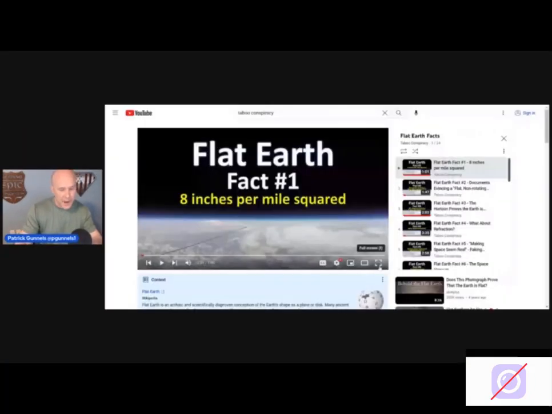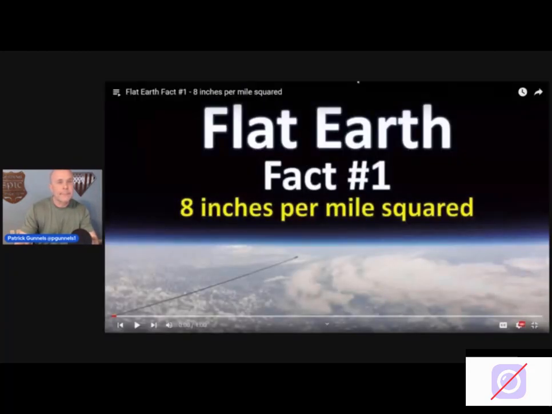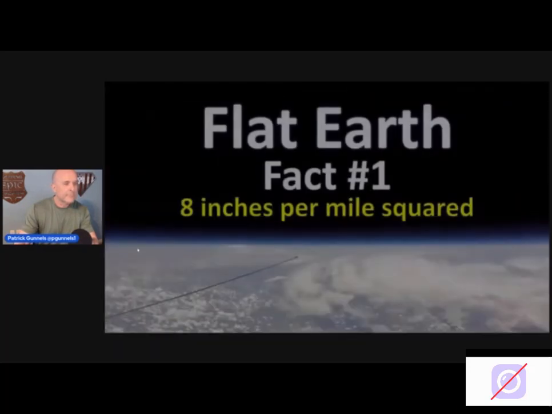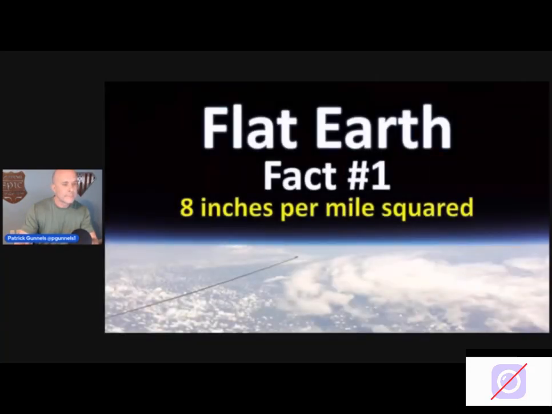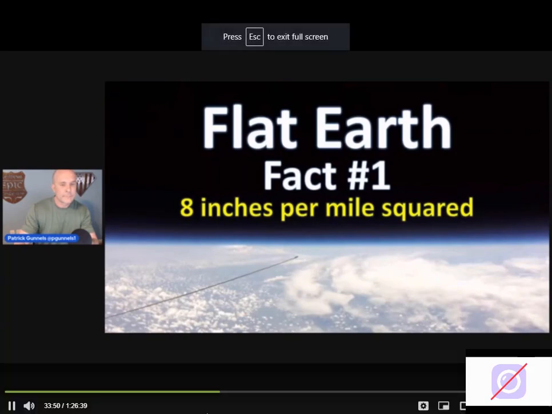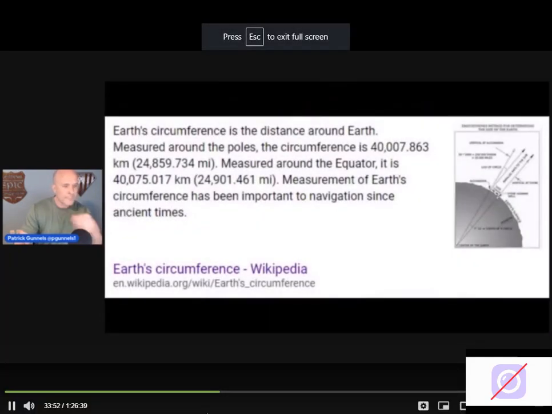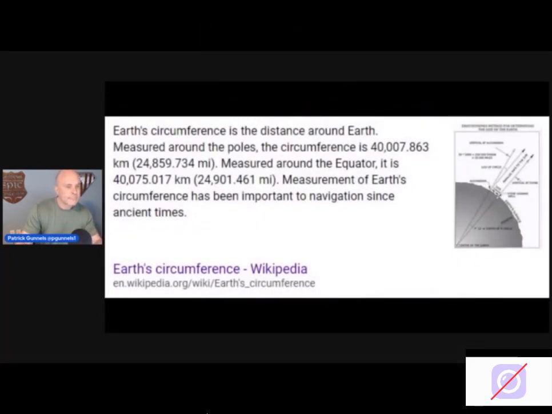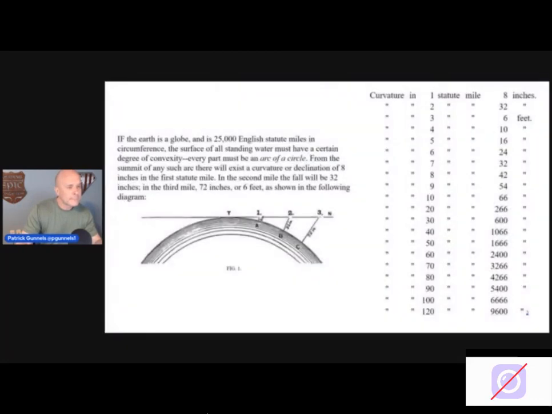This is 60 seconds. Flat Earth fact number 1, 8 inches per mile squared. According to the globe model, the surface of all standing water must have a certain degree of convexity. Based on the alleged globe circumference of about 25,000 miles, the Earth must curve away from you at 8 inches per mile squared.